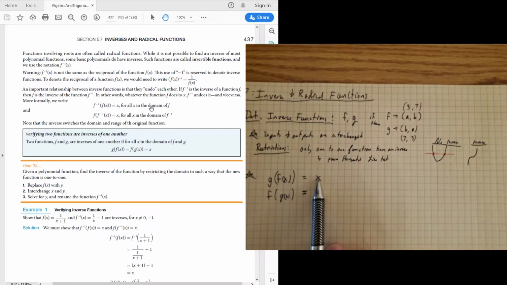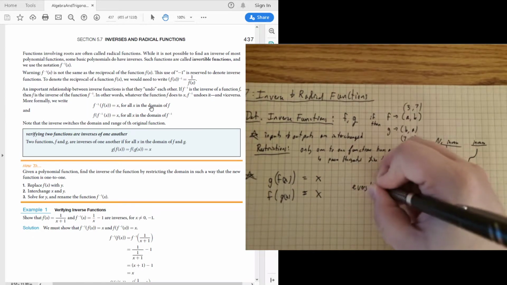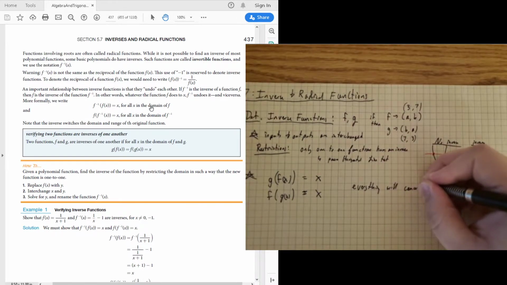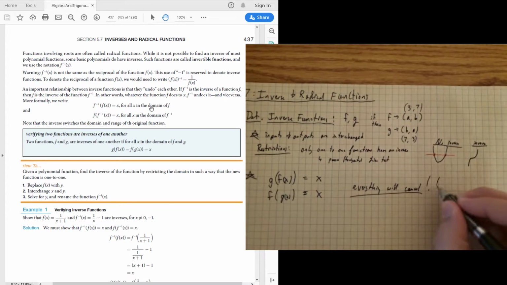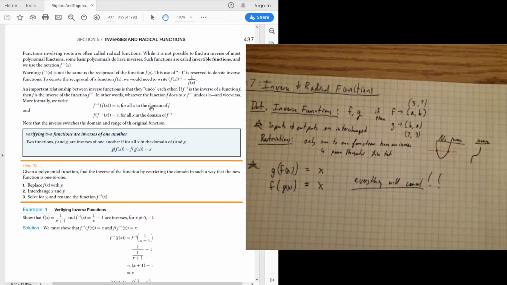Any constants, any powers will all cancel out through algebraic operations. In other words, everything will cancel. If you plug f into g, everything will cancel. If you plug g into f, everything will cancel.